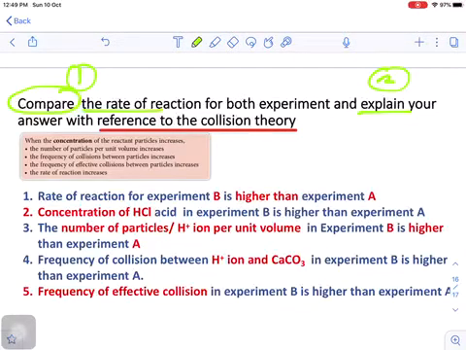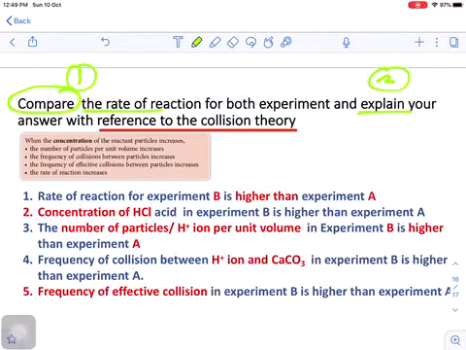The number of particle or the number of hydrogen ion per unit volume in experiment B is higher than experiment A. Because the concentration of hydrochloric acid is higher, so that means the number of hydrogen ion per unit volume in experiment B is higher.